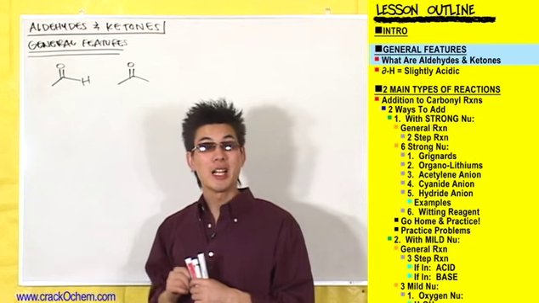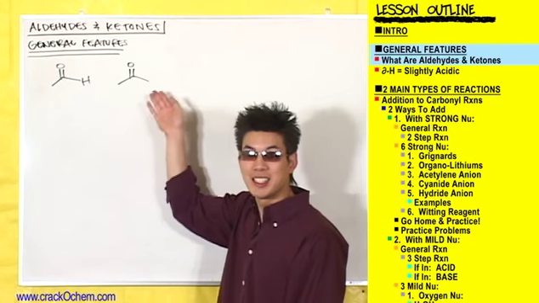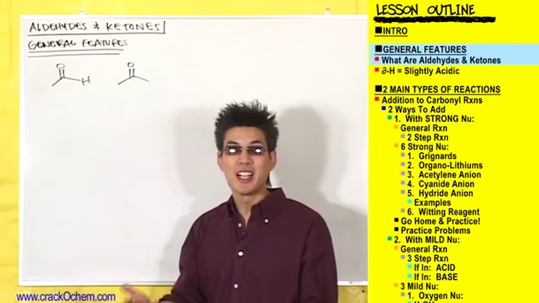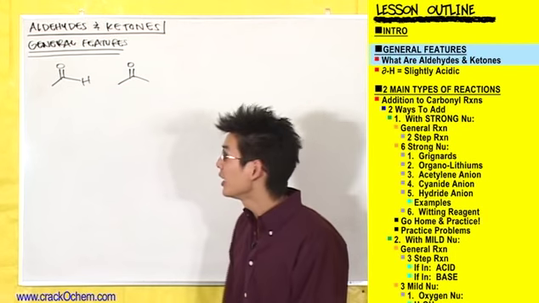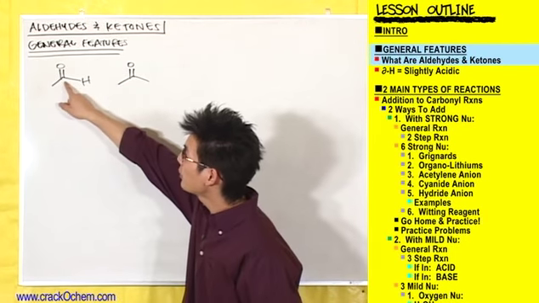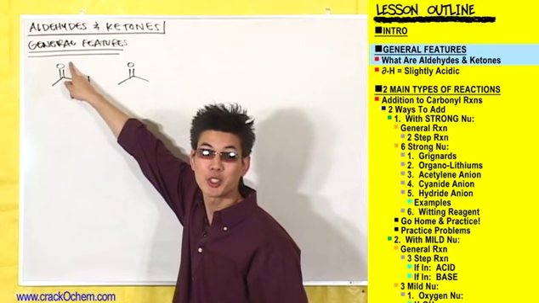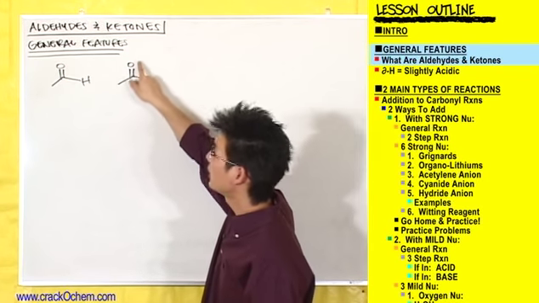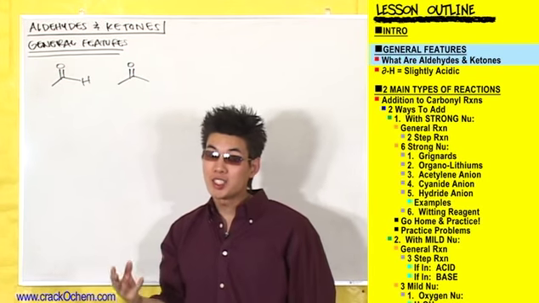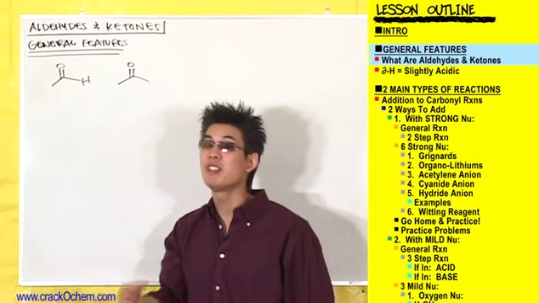Okay, so the first thing I want to point out about these aldehydes and ketones is that, just like any other carbonyl compound, any carbonyl compound is going to have a carbon double bonded to an electronegative oxygen. Oxygen is more electronegative than carbon.